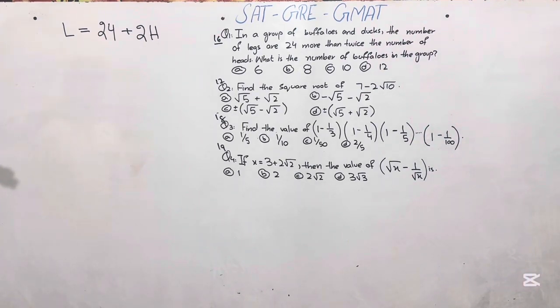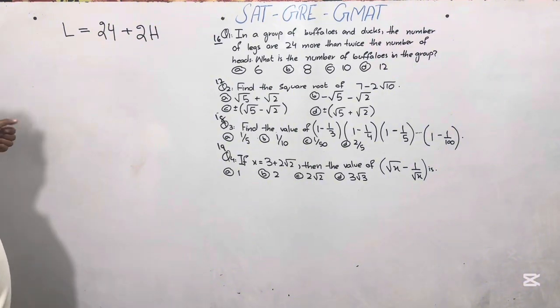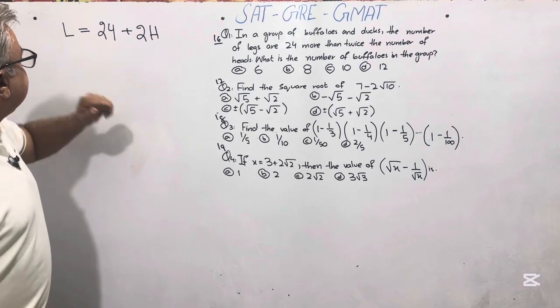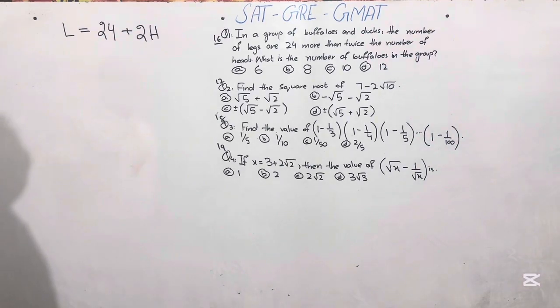That is our first stage: L is equal to 24 plus 2H.